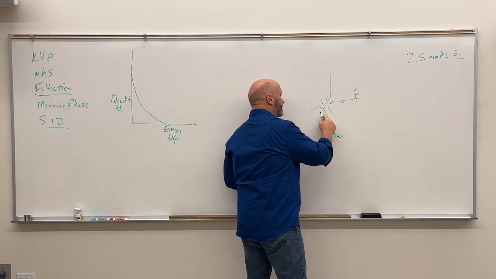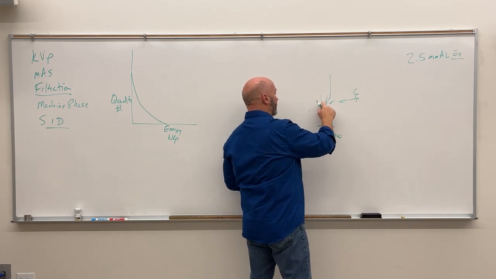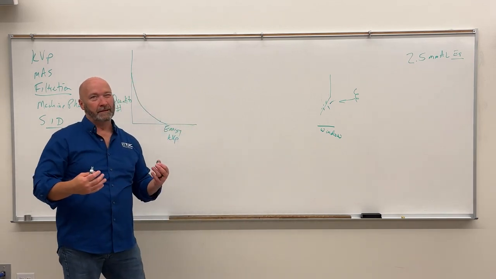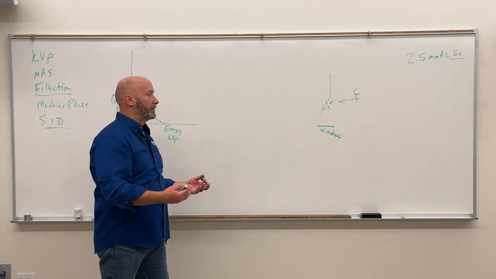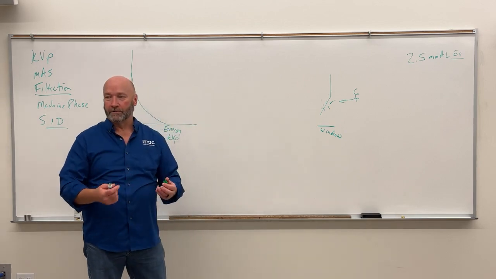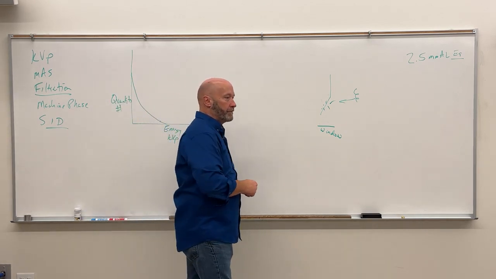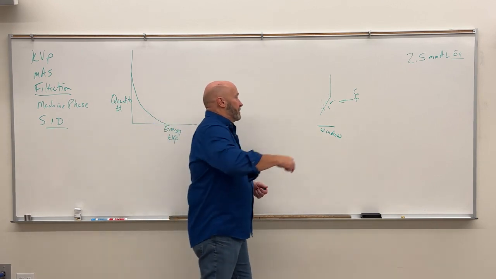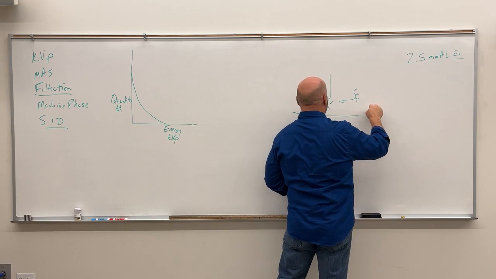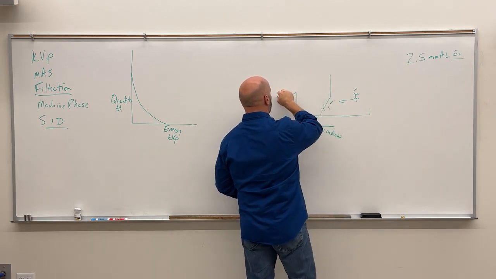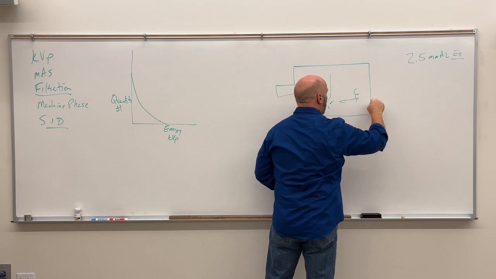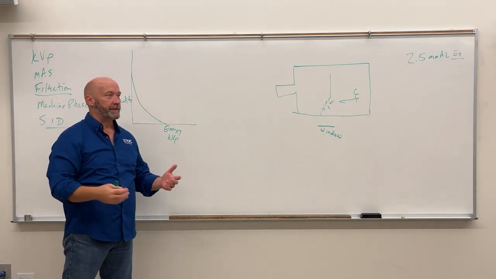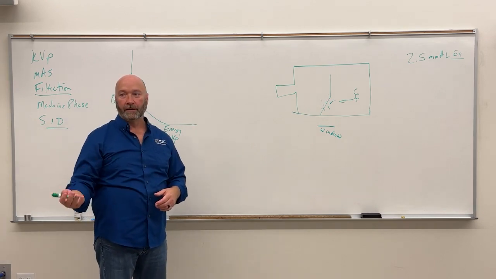Okay, so the window is actually in the tube, the protective housing. But what is the X-ray tube itself? What are the internal components of the X-ray tube held in place by, or what surrounds them? Glass envelope. It's a glass envelope, right? So you got the glass envelope, different types of material, different levels of radiopacity, right?